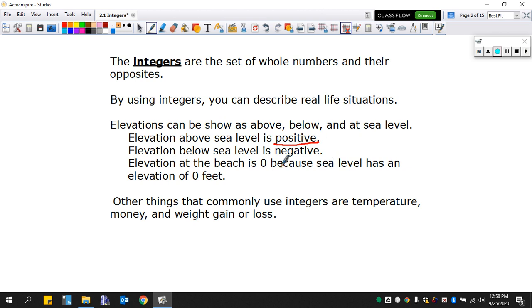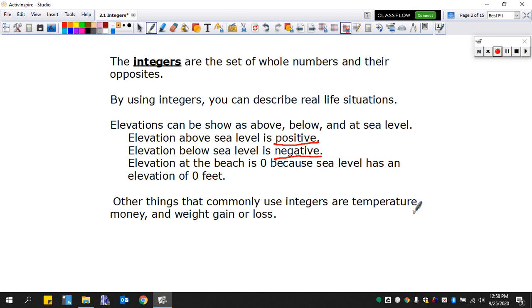Or if you go out in a boat and you go scuba diving, which is underwater, your elevation, so to speak, is going to be negative. So if you're scuba diving down 40 feet below the surface of the sea, your elevation would be a negative 40. All right, so there's other things that also commonly use integers, and those are things like the temperature.